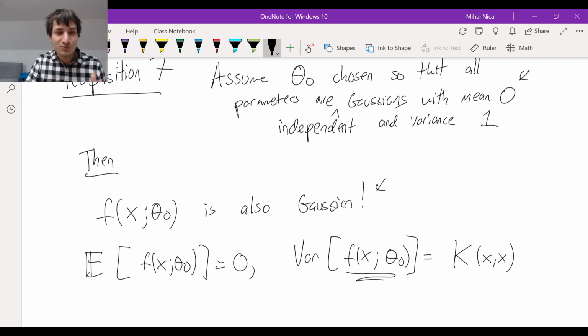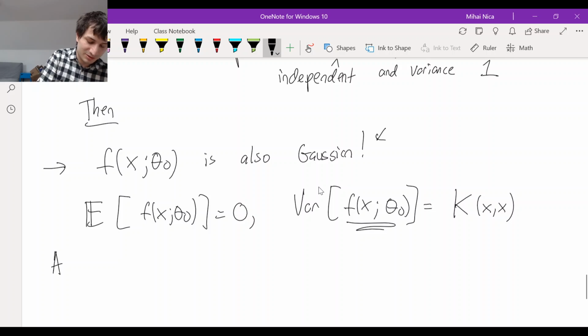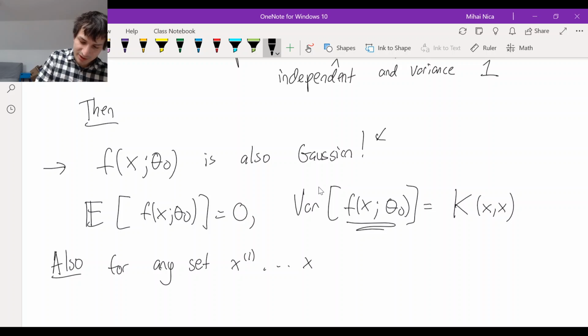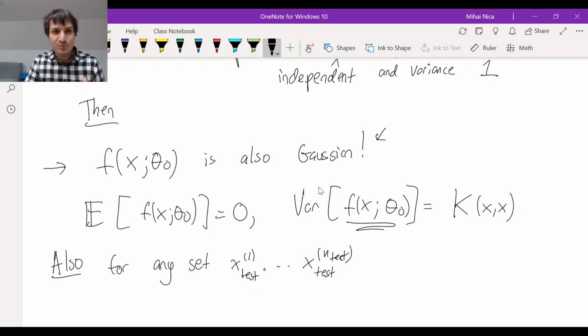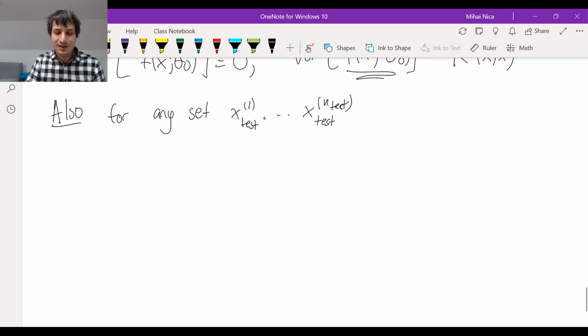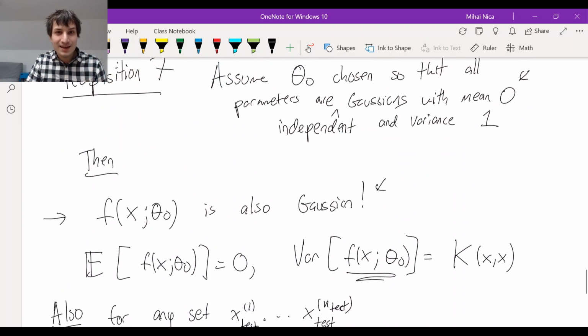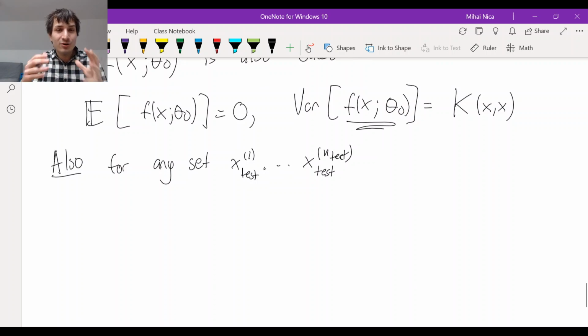And it's true not just for a single point. This is for any single point, but you could also make a vector, for any set x1 all the way up to xn test. If you have a set of test points, maybe you want 3 points you're interested in, not only is each point individually Gaussian, but altogether they make a Gaussian vector.